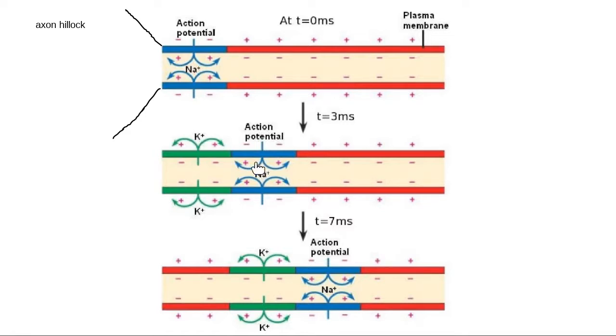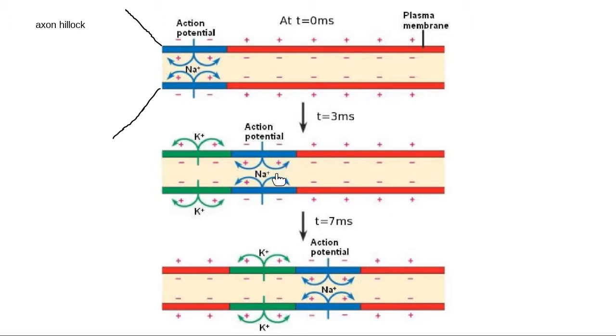And so when this part of the membrane hits positive 30, those voltage-gated potassium channels will open up to get it back to negative. And when this part of the membrane gets to positive 30, we're going to open up the voltage-gated potassium channels here to get this back to normal. So what you see if you watch an action potential travel down a neuron's membrane, first the voltage-gated sodium channels open to make it positive, then the voltage-gated potassium channels open to make it negative again.